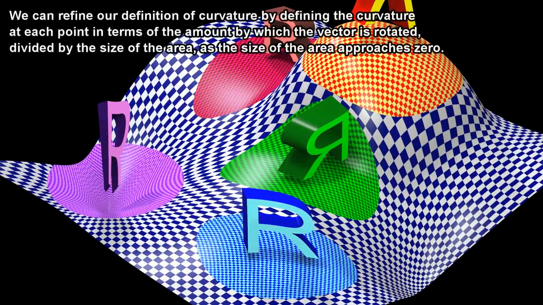We can refine our definition of curvature by defining the curvature at each point in terms of the amount by which the vector is rotated, divided by the size of the area as the size of the area approaches 0.